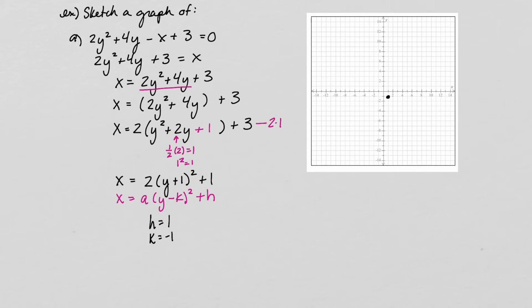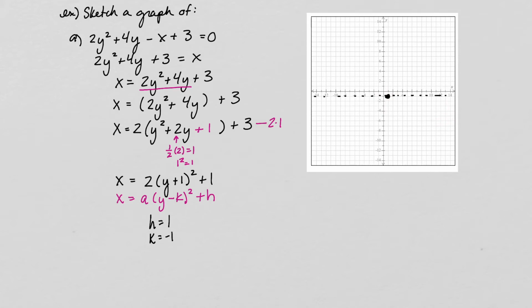It also means that our axis of symmetry is right here in the middle. Our parabola is going to go in this direction because our a is positive, so we're going to be opening in this direction.